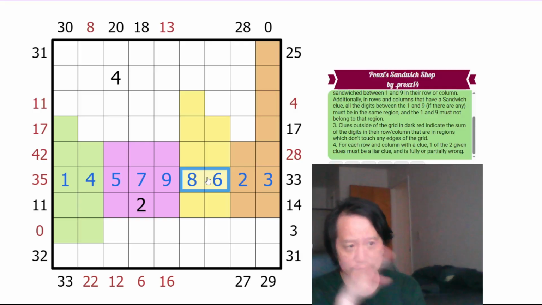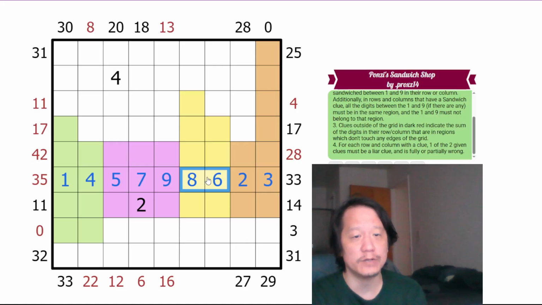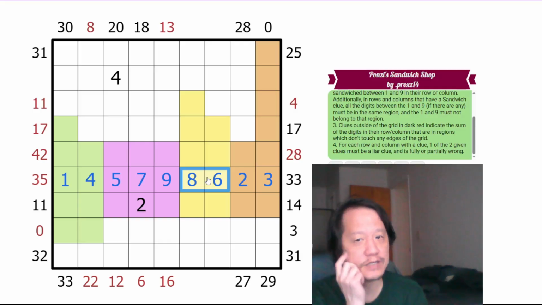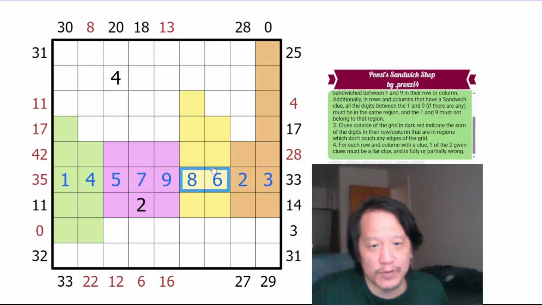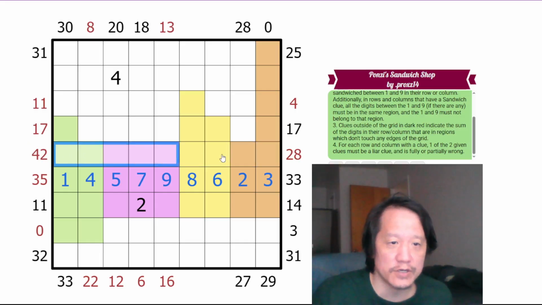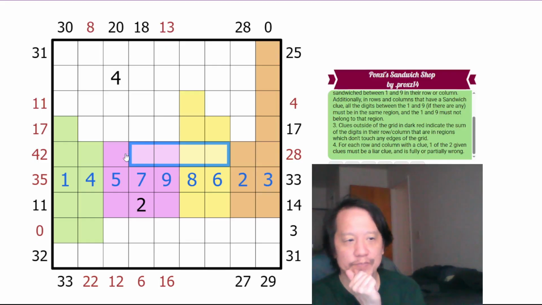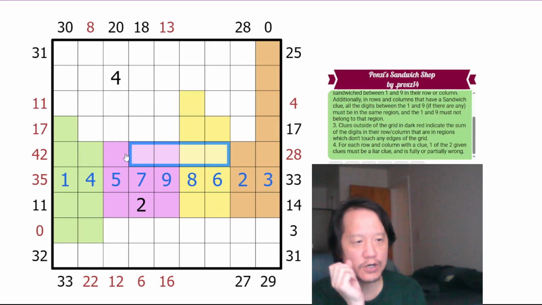And the fourth and final rule is that for each row and column with a clue, one of the two clues must be a liar clue and is fully or partially wrong. So that's why we have two clues here. One is 42, which means the digits in regions that don't touch the edge add up to 42.